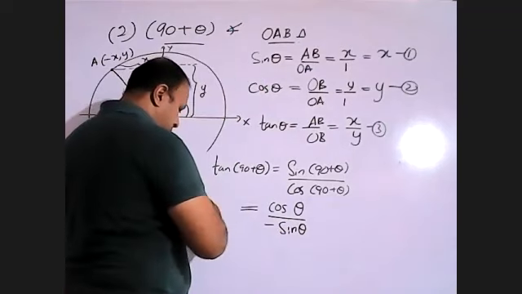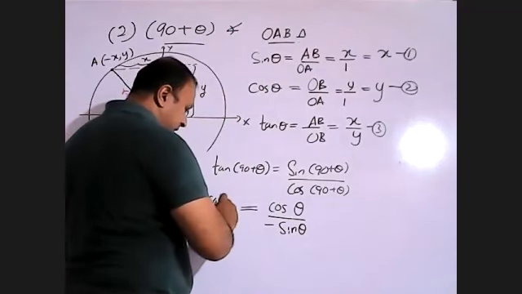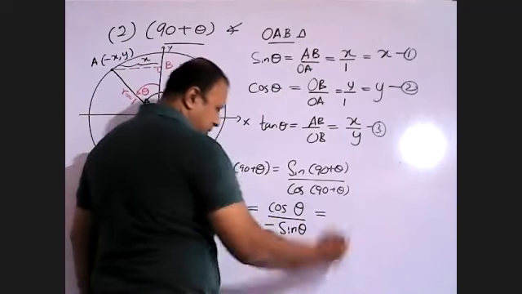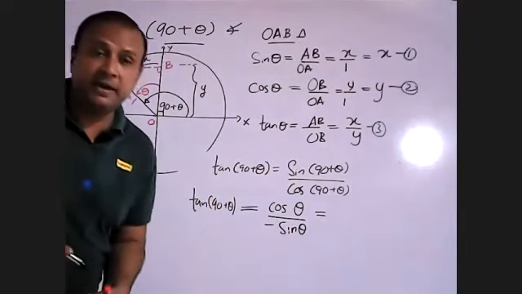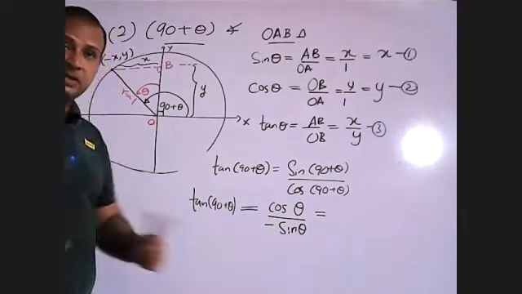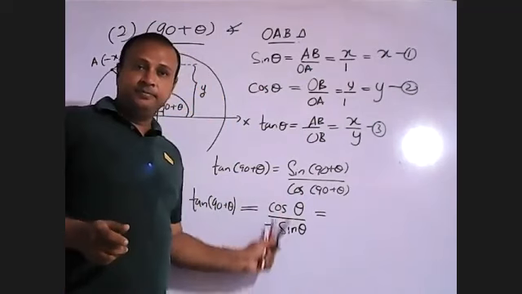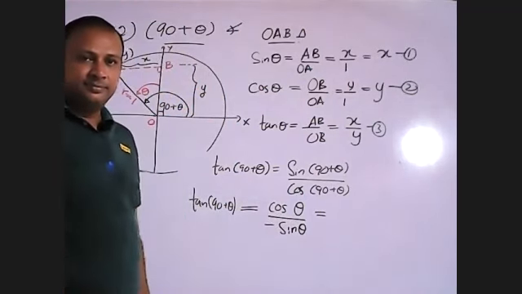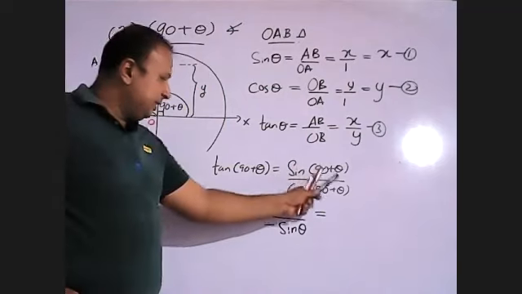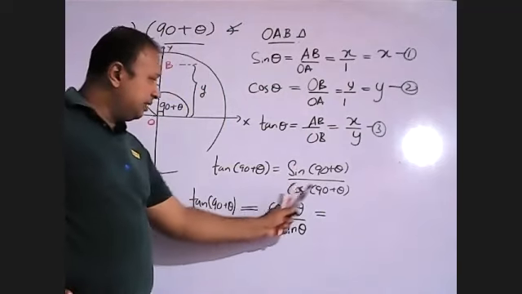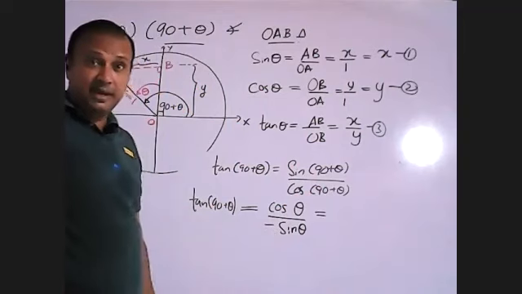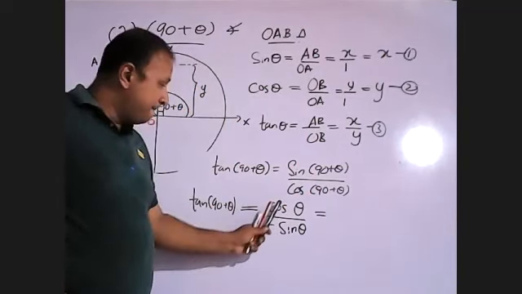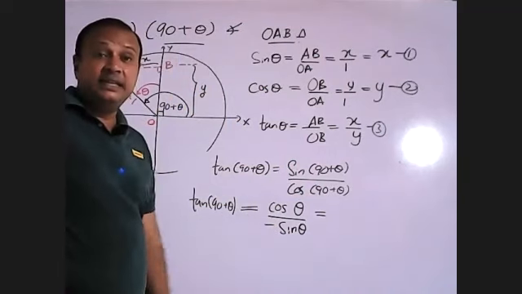Therefore, tan 90 plus theta is equal to what? Sin 90 plus theta is equal to cos theta and cos 90 plus theta is equal to minus sin theta. Therefore, tan 90 plus theta is equal to minus cos theta over sin theta.